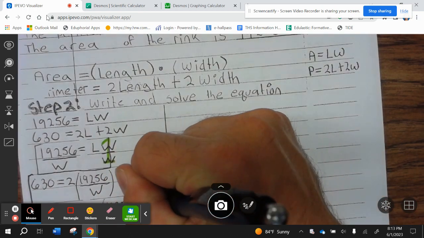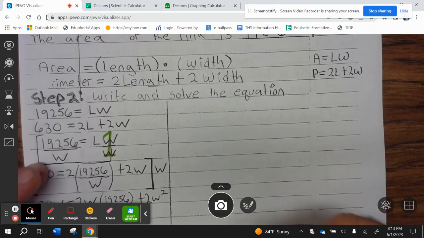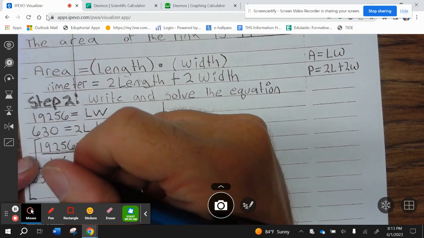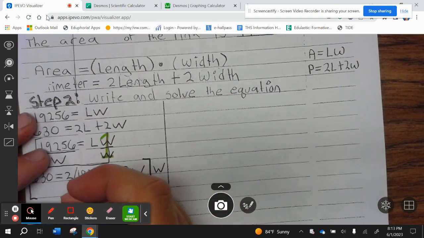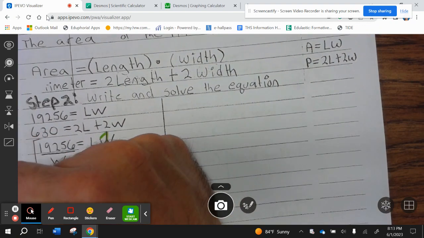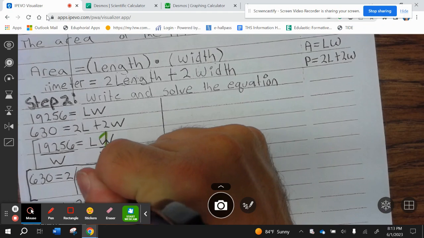Plus 2w squared. Okay, so we have 2w squared. Oh, wait. Sorry. Not wrong, but this is better. So we're going to subtract 630w from both sides.